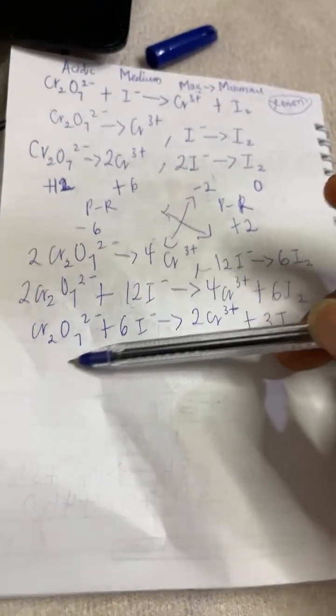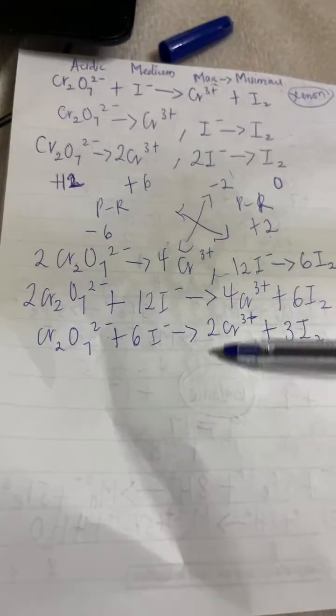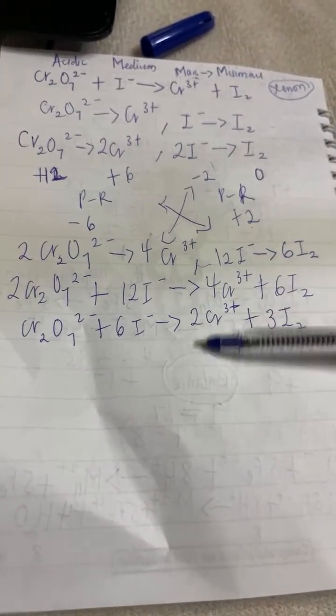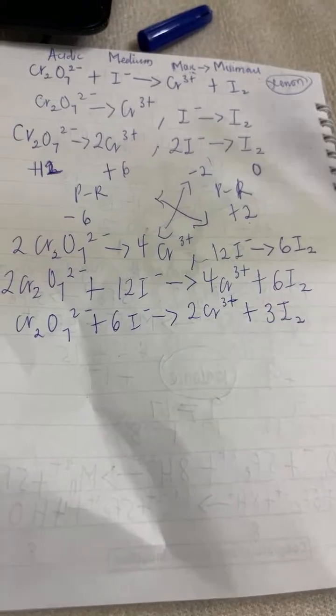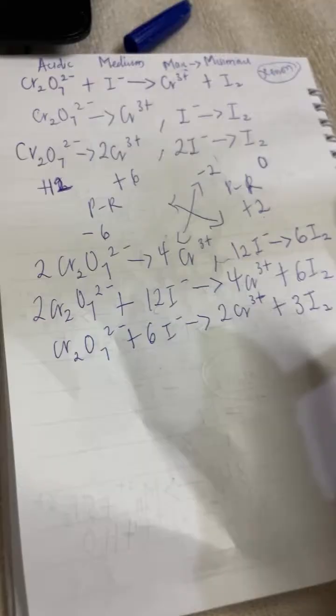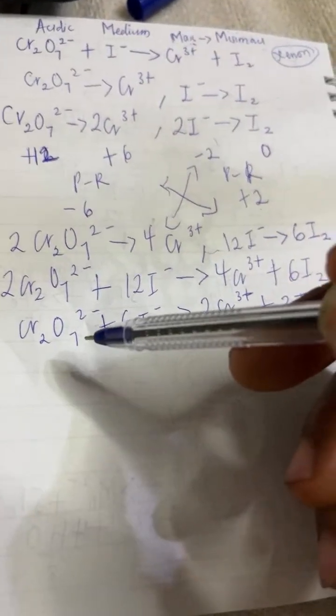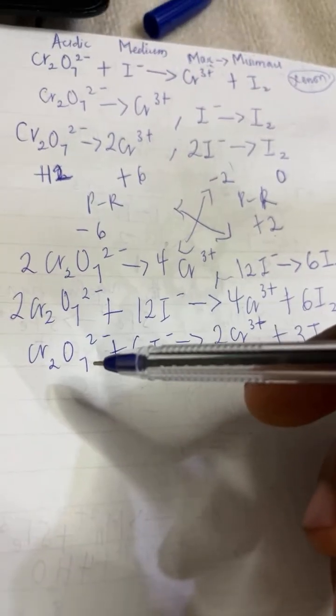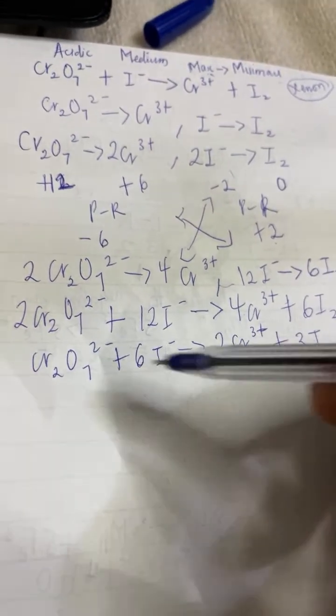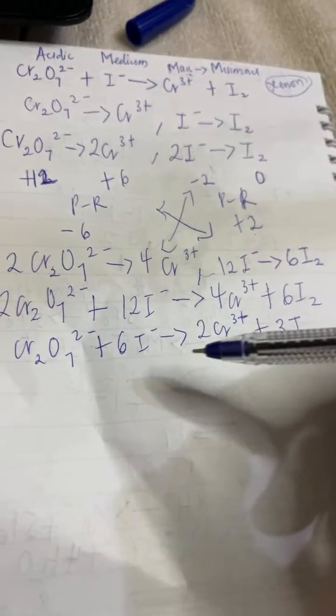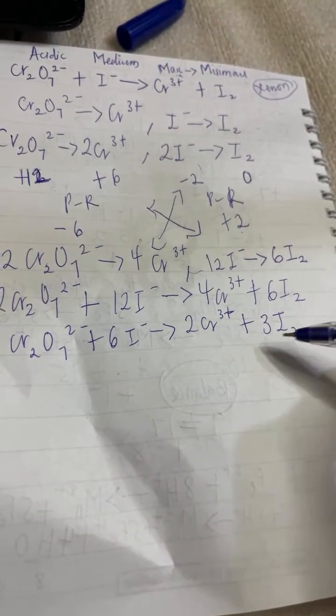Now that we have already joined the half reactions together, and we've even divided and taken it down a bit, the next thing is to calculate the overall oxidation number at the reactant side and the overall oxidation number at the product side.